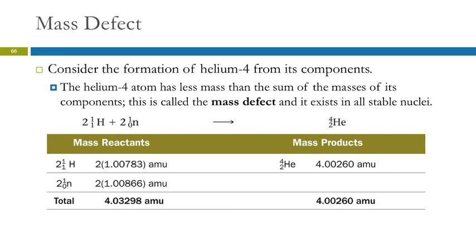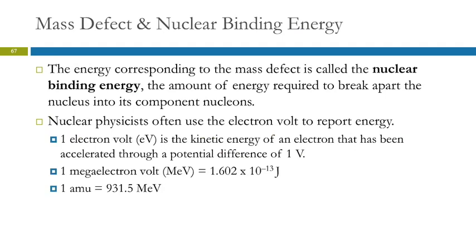Where did the mass go? What can mass turn into? Energy. So the energy that corresponds to that mass defect is called the nuclear binding energy.